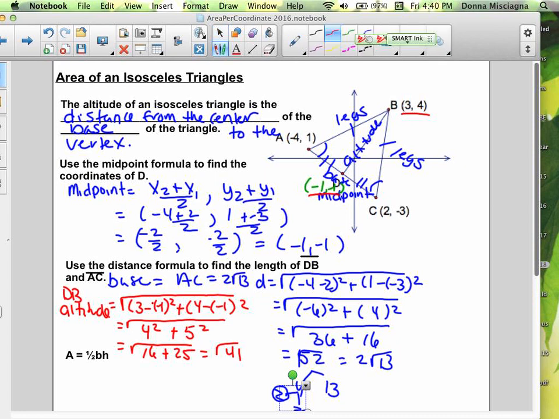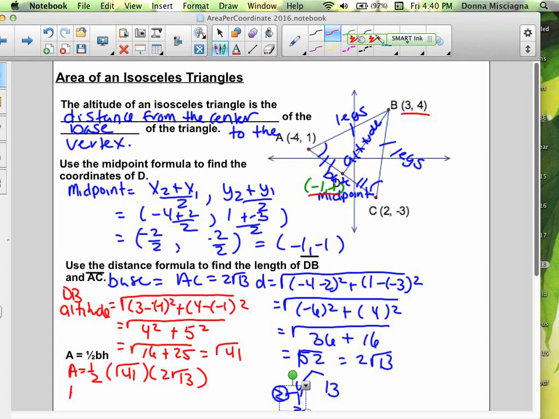All right, so our area, so the numbers aren't pretty, but it's okay. Our area is 1/2 times square root of 41 times the square root, 2 square roots of 13. Now, what do you do when you multiply? Number by number, radical by radical.